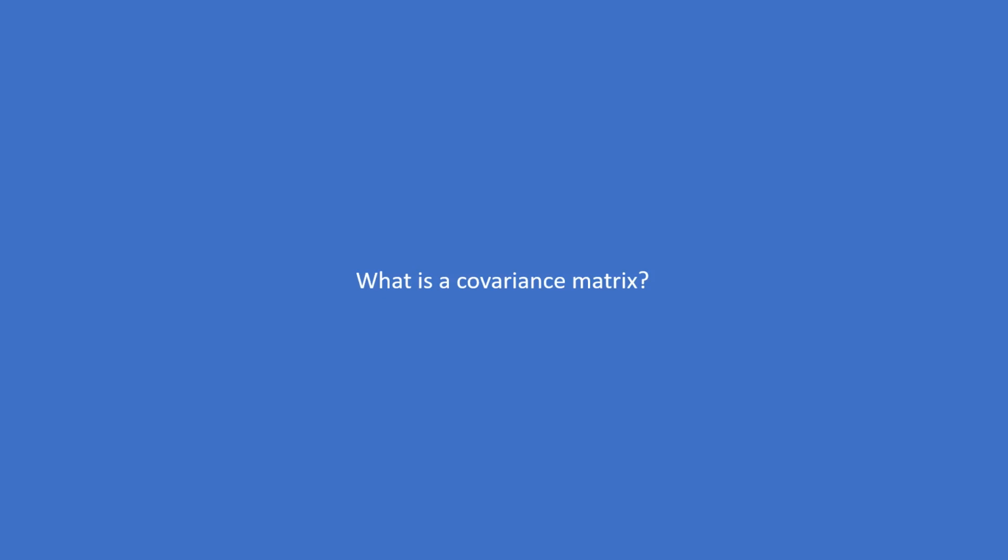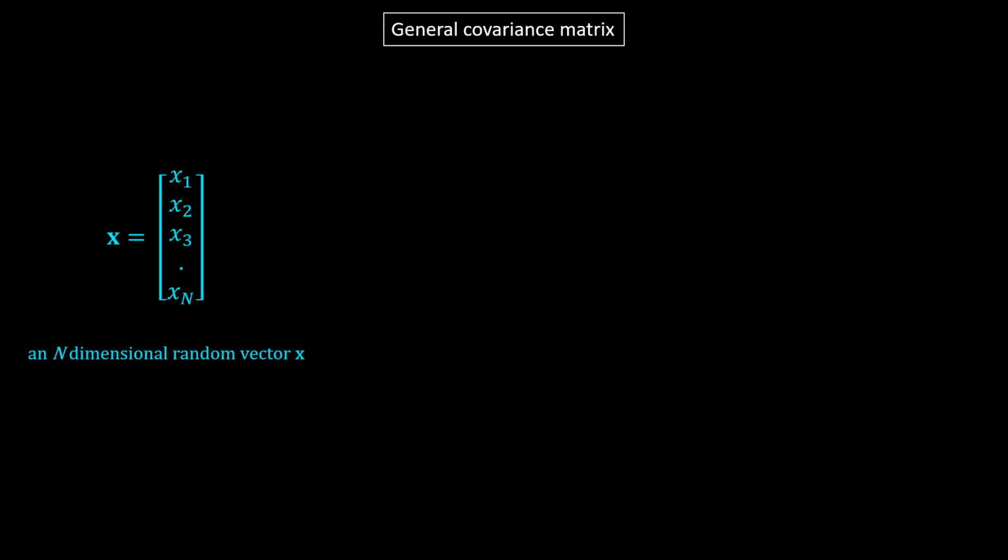Before we discuss the building and storage of a covariance matrix, let's take a few moments to just look at what a covariance matrix is. Suppose we have a random vector x. A random vector is a vector whose elements are all random.